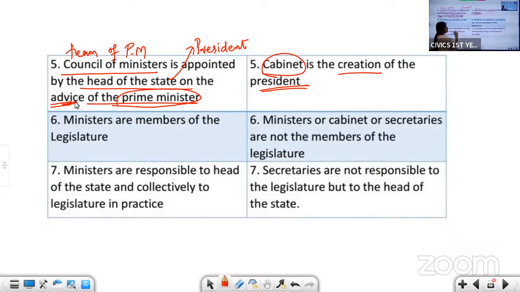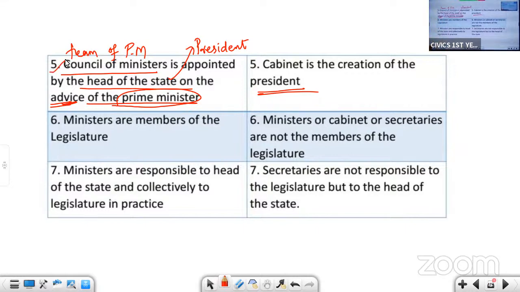But in presidential form of government, the president himself, the head of the government, that is head of the state, will create or select his ministers. The president himself creates his own cabinet. He selects his own ministers.